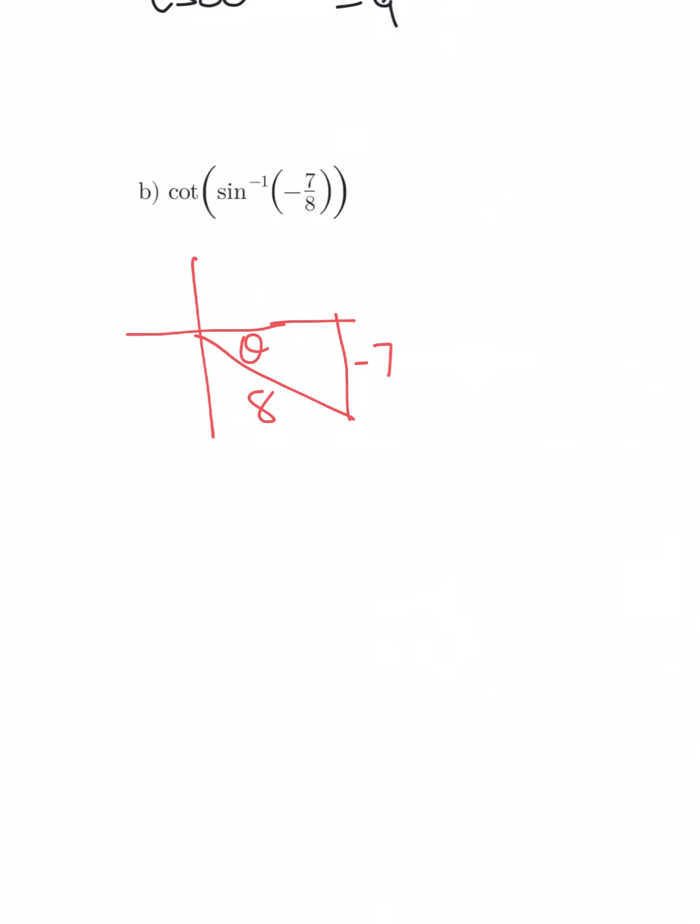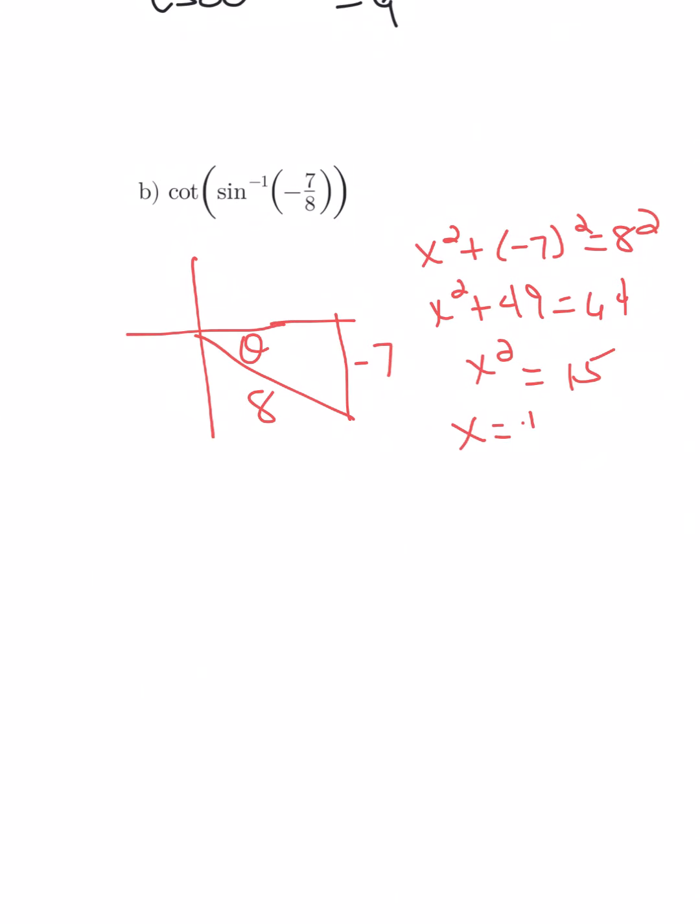Do the Pythagorean theorem: x squared plus negative 7 squared equals 8 squared. x squared plus 49 equals 64. So x squared has to be 15. So x has to be either plus or minus the square root of 15. In quadrant 4, x is positive. So it's going to be the positive square root of 15.